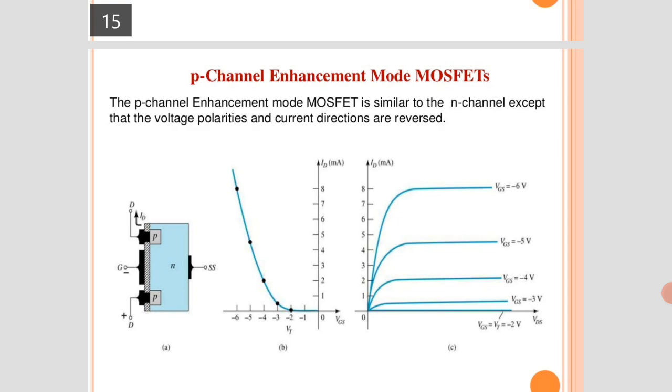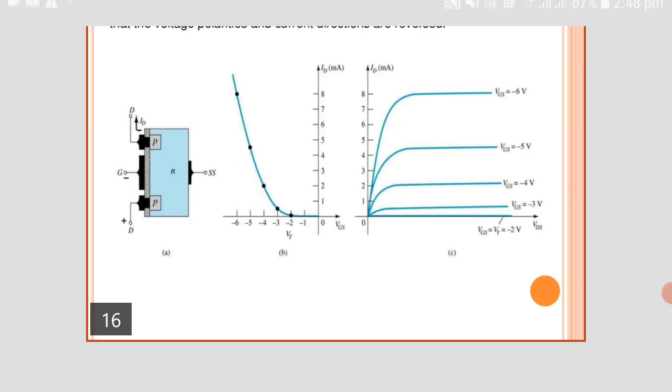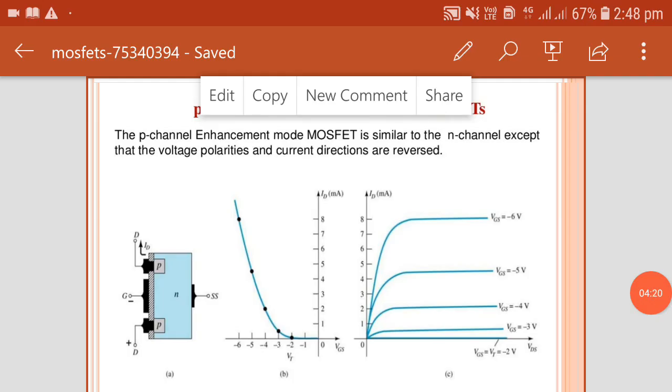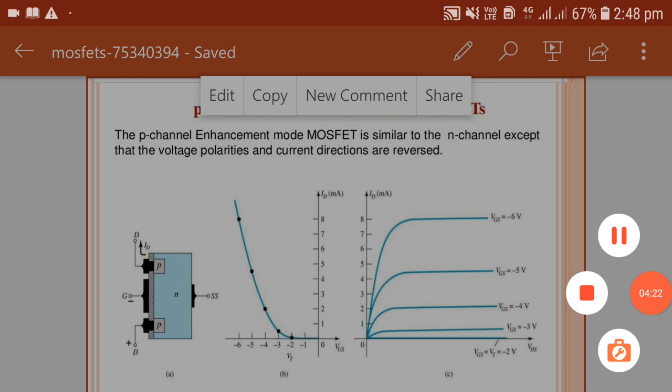In the P-channel enhancement mode MOSFET we use the same ID and VGS. The only difference is that VGS is a negative voltage and the current is a negative current. So if VGS changes, the drain current ID increases in the negative direction. The P-channel enhancement mode MOSFET is similar to the N-channel except that the voltage polarities and current directions are reversed.